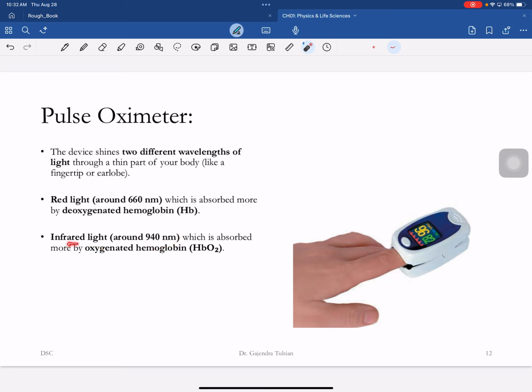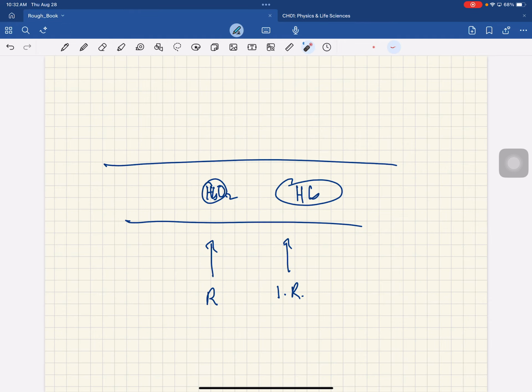Infrared light is absorbed more by oxygenated hemoglobin. So this beam is absorbed by oxygenated hemoglobin. The more oxygenated hemoglobin there is, the intensity of the infrared beam will be less.